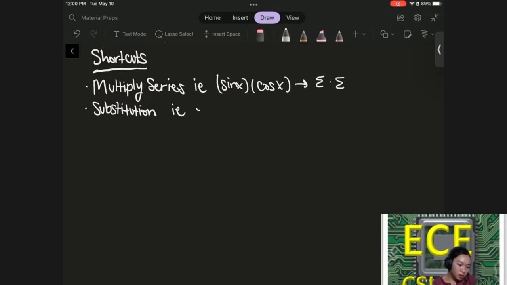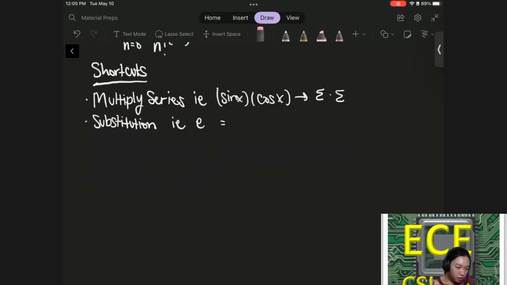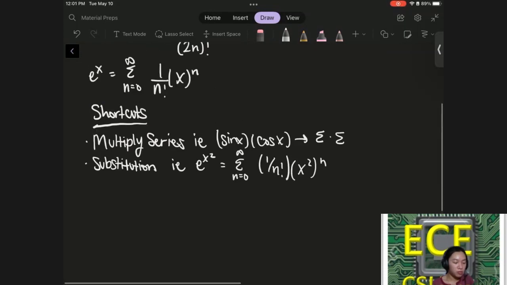And then say I have e to the x squared. This is just the Taylor series for e to the x with x squared plugged in. So I'll just write the sum from n equals 0 of 1 over n factorial times x squared to the n, because that's the original formula for e to the x.